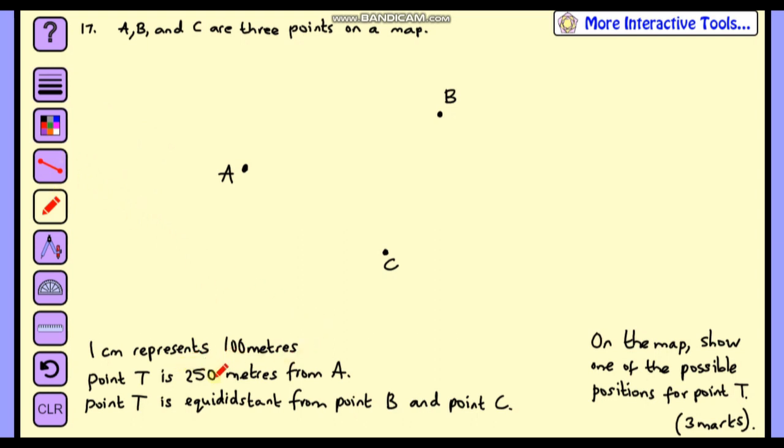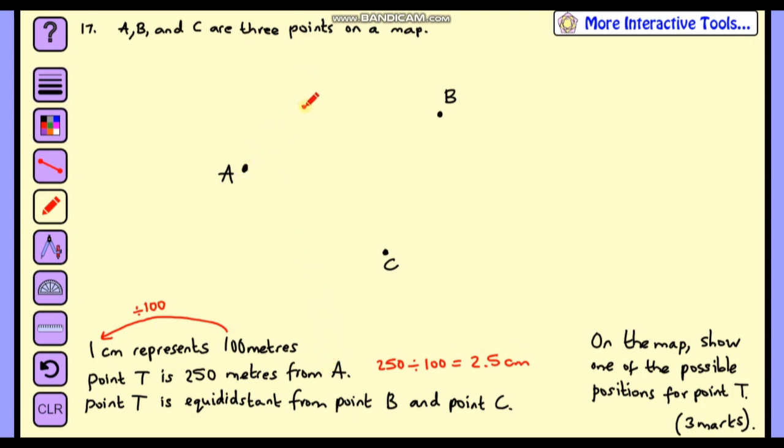To convert from our real life measurement to our map measurement, we just need to divide by 100. So we're going to do 250 divided by 100, and that gives me 2.5, which is 2.5 centimetres. So I know that point T is 2.5 centimetres away from point A, but I don't know in which direction.